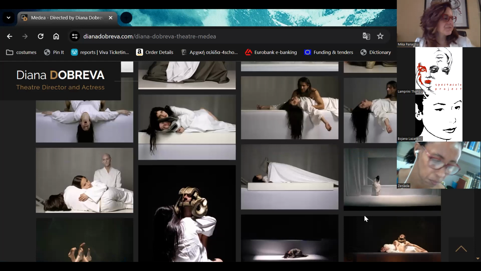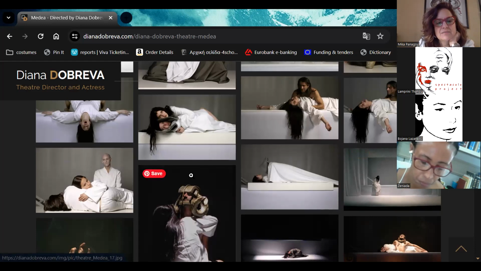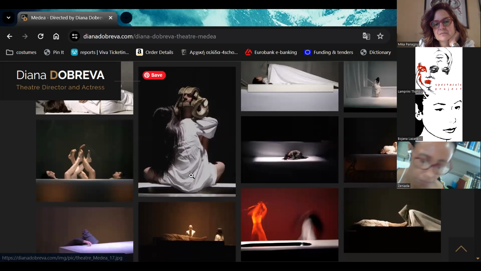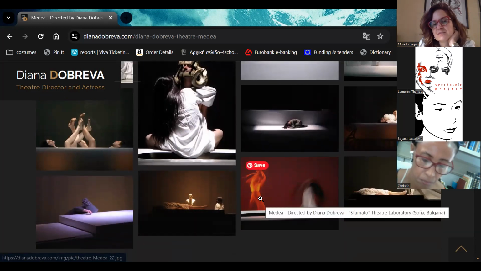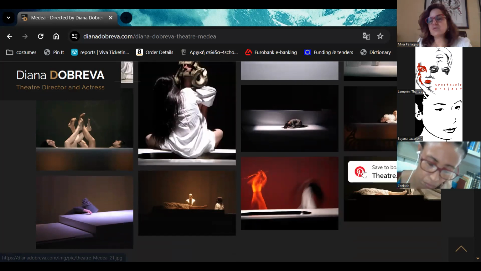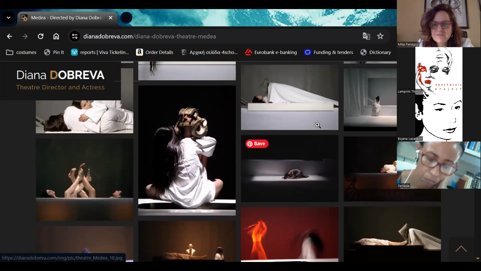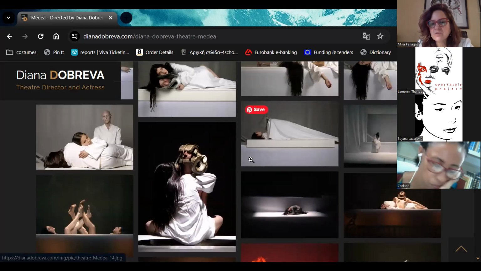This is a very interesting presentation of the whole play. Really nice images, as you can see. And it shows us how strong the relationships are. We cannot see and we cannot say that it's a very specific or very complicated costume, right?